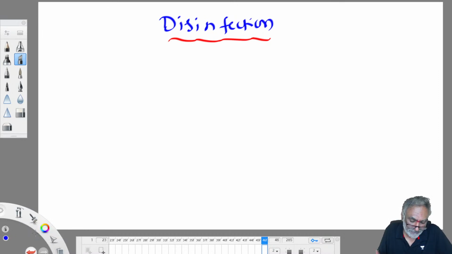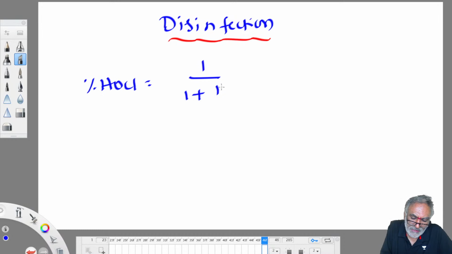Coming to disinfection, the first numerical you can expect from disinfection is: percentage HOCl present in water is equal to 1 by (1 plus K by H plus) into 100.